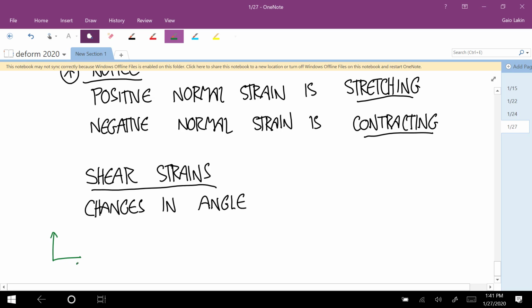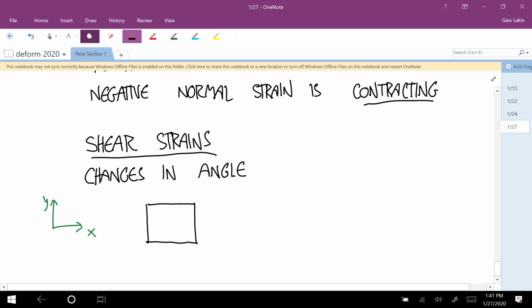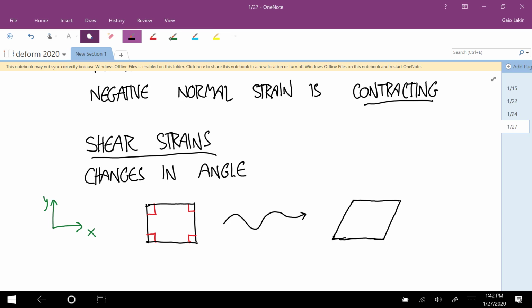So if we're using this coordinate system again, and you're starting with a material where all those angles are 90 degrees, then after deformation, remember we said that this thing turns into a parallelepiped, so those always have to be parallelograms. And notice that when we do this, we have two matching angles there that are acute, and two matching angles here that are obtuse. Well, it could be switched the other way, just depending how it's deformed. But there's always two pairs of matching values.